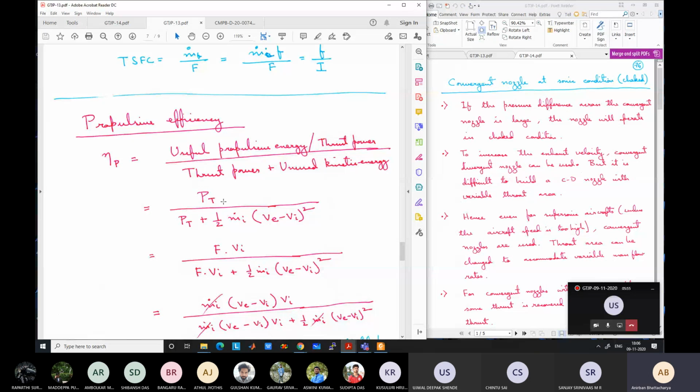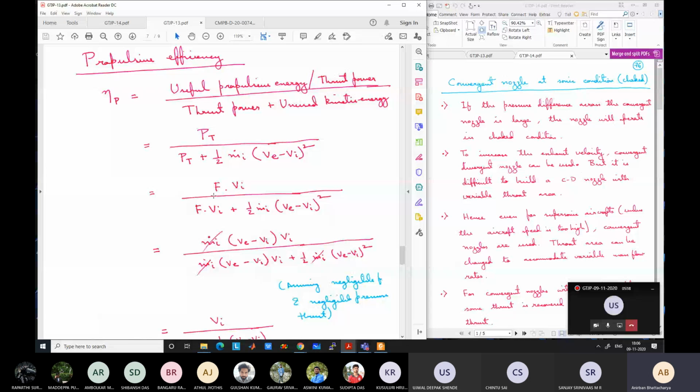lost in the atmosphere. So the part which is used for moving the aircraft forward can be calculated based on the thrust and the velocity, F into Vi. Vi is the velocity of the aircraft, F is the thrust, and rest of it which is lost in the atmosphere is the kinetic energy of the exhaust gases, from an absolute standpoint.